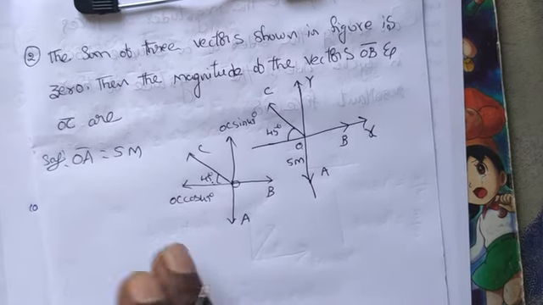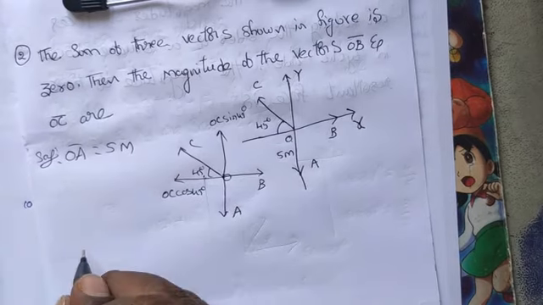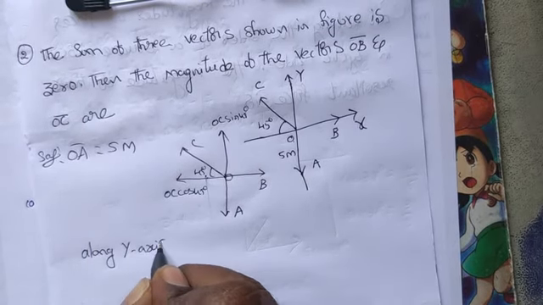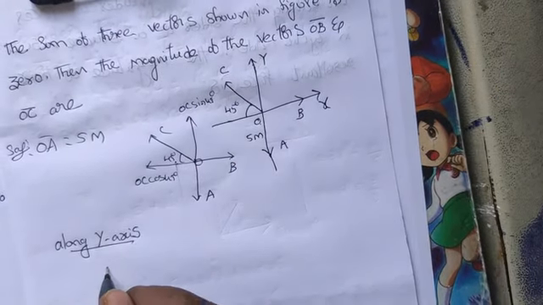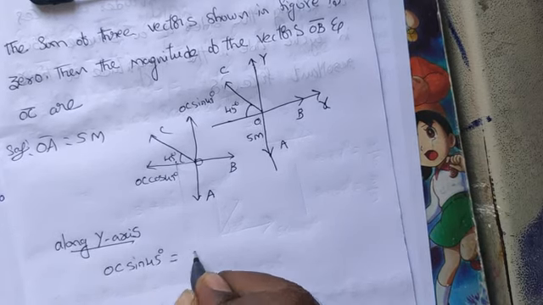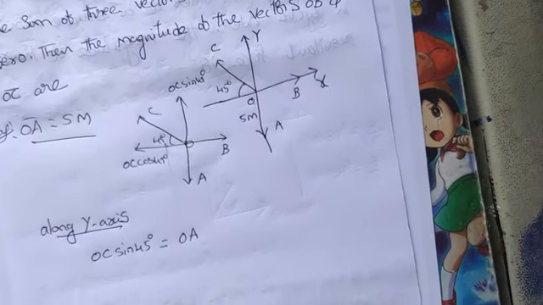Now equate all this. First take along the y-axis. Along the y-axis is OC sin 45, equal to OA. Already given in the problem, OA value is 5 meters.